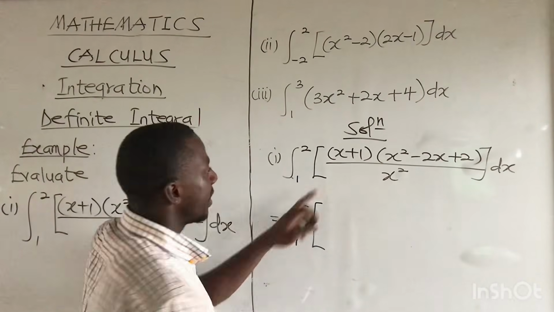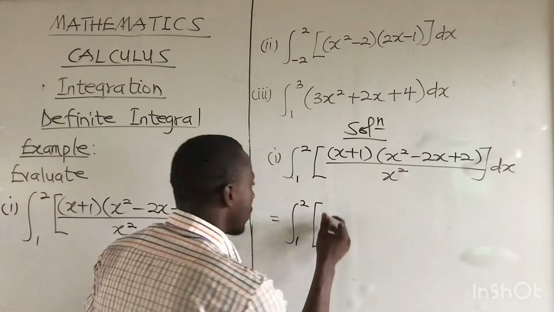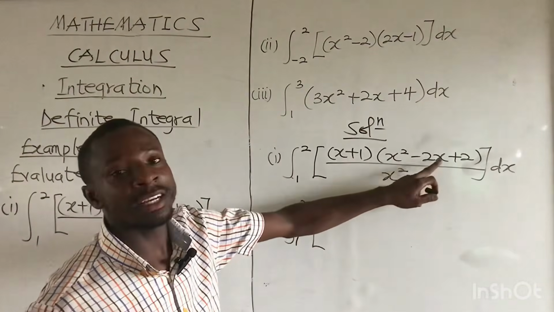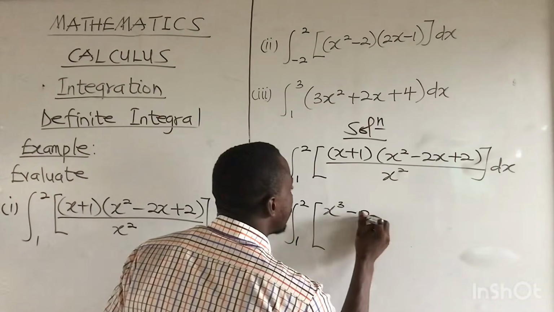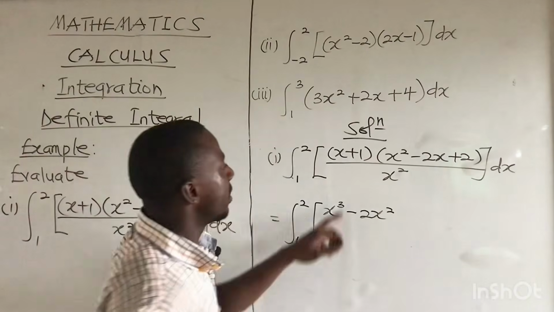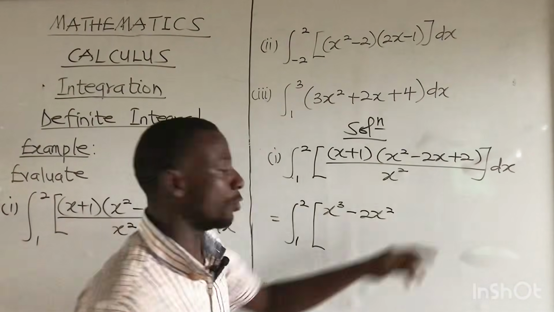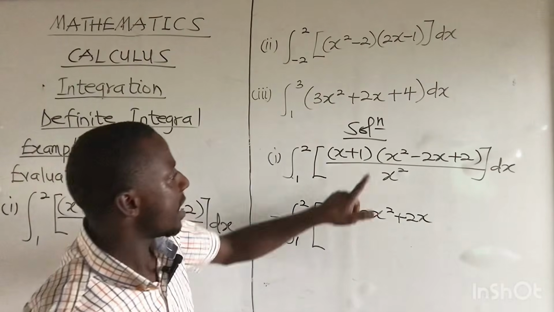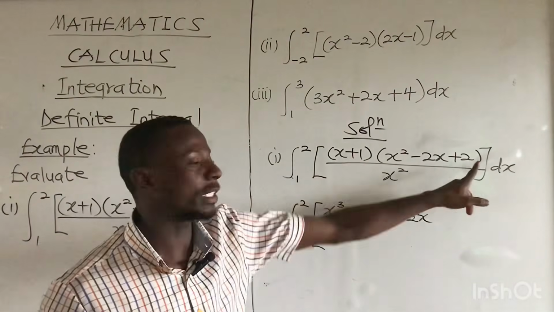So we have x times x squared, we have x cubed. x times minus 2x, we have minus 2x squared. x times 2, we have 2x. Then this one will also multiply through.